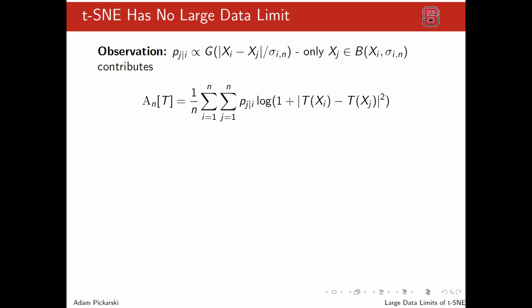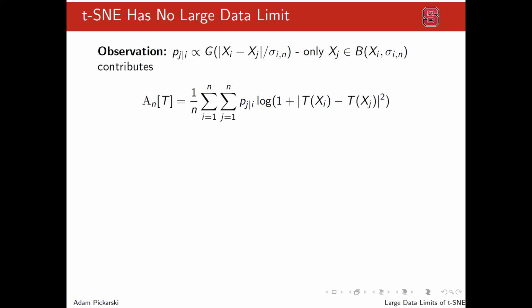But this leads to a really striking consequence: if you want to do a large data limit, you can't. What's going to happen is the graph edge weights are proportional to a Gaussian with a particular bandwidth, and this bandwidth is going to 0.